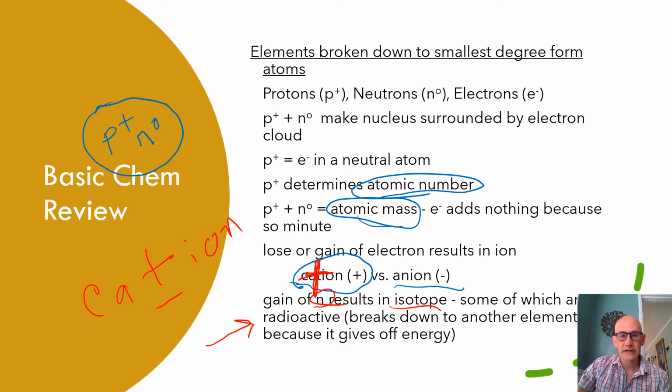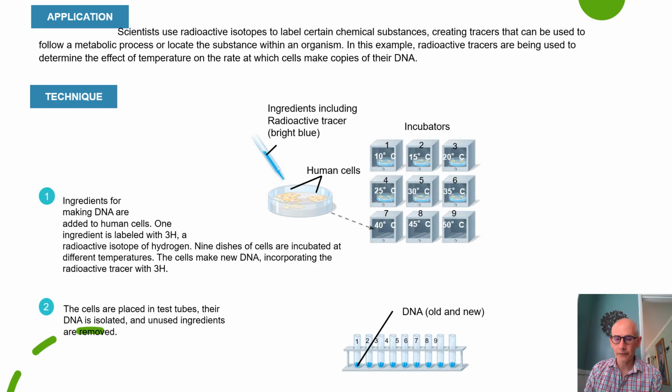But radioactive isotopes can be very helpful. They have been used many times to make breakthrough discoveries in science about DNA. We'll talk about those in our DNA unit. But basically, you can use radioactive isotopes such as phosphorus, which is part of DNA, and then that is included in the building of new DNA, so you can trace where the DNA goes based on the radioactive signature of the phosphorus.